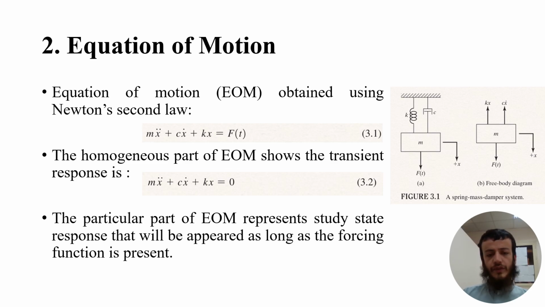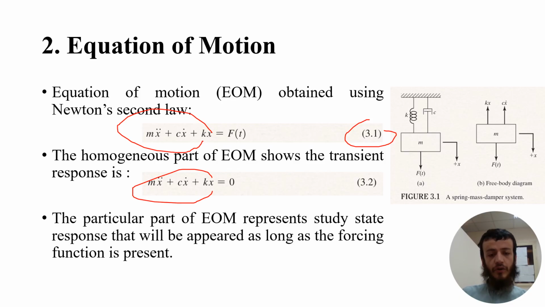The homogeneous part of this equation gives the transient response, not steady, which would be the left hand side of equation 3.1. If we set the left hand side equal to 0, then we have a transient response.